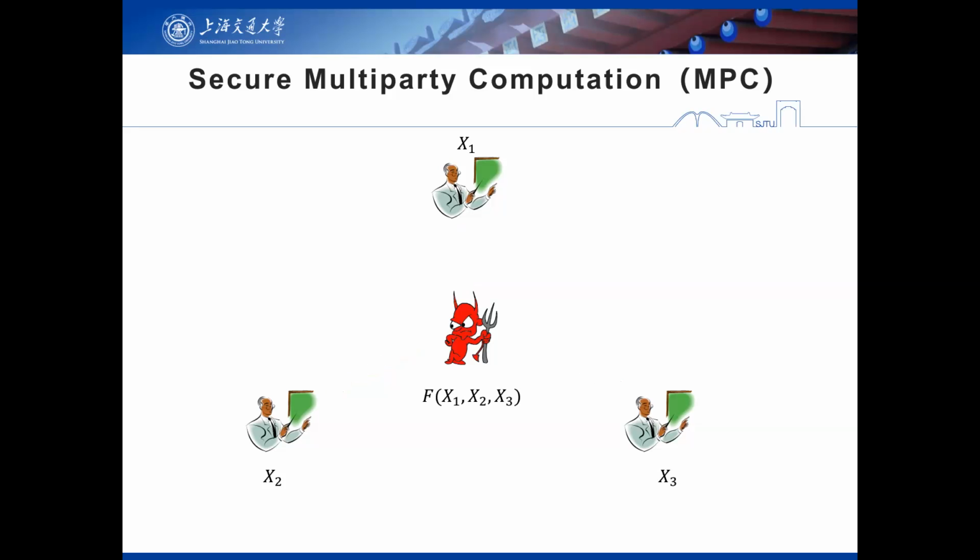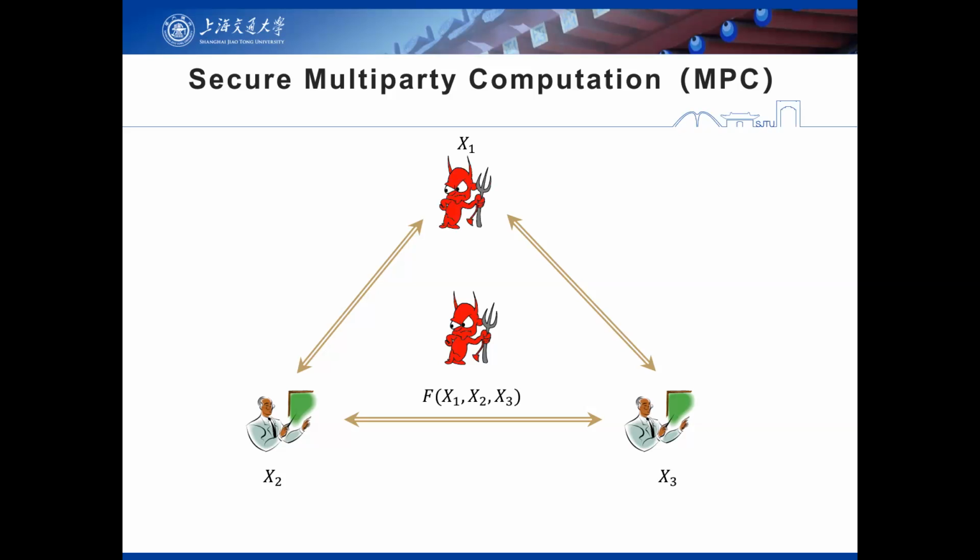Instead, maybe someone can think we can do it without the server. We can do distributed computation, and that's doable. However, you don't know whether any of the parties is corrupted or not. If some of them are corrupted, then even with distributed computation your private input is still not secure, due to the corrupted party.